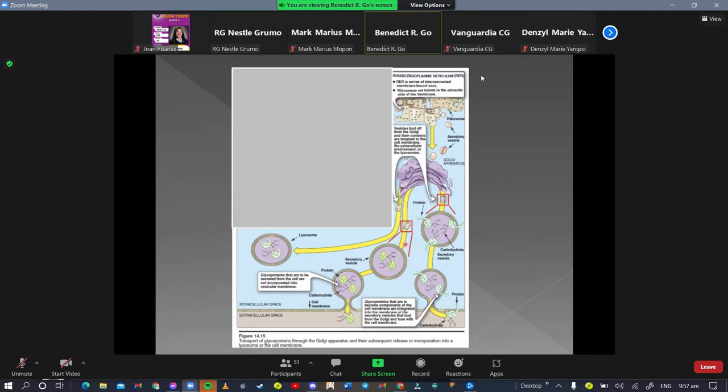Another secretory vesicle can be incorporated into your cellular membrane and extruded out of the cell, because glycoproteins also serve various functions, right? Most of them are extracellular. Some of them can also be embedded in the membrane and incorporated as membrane proteins for your cellular receptors. So I mentioned 3, but there are more.